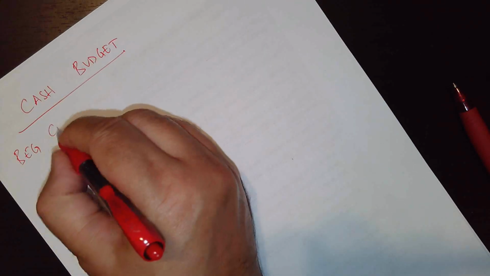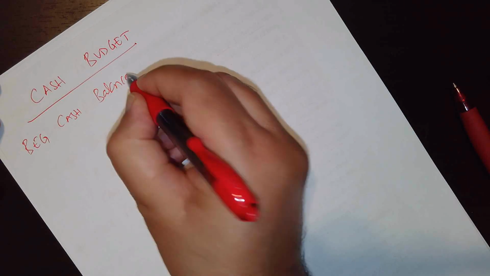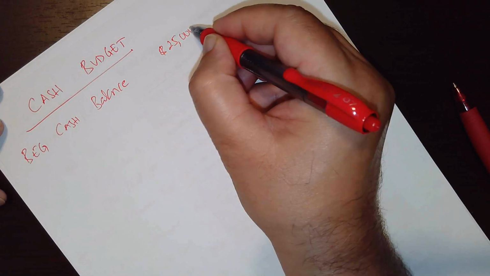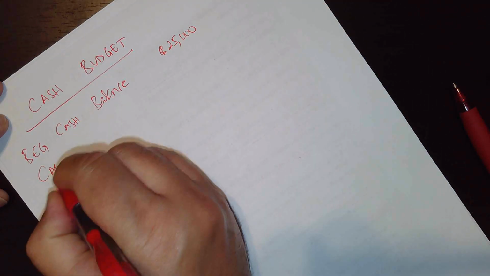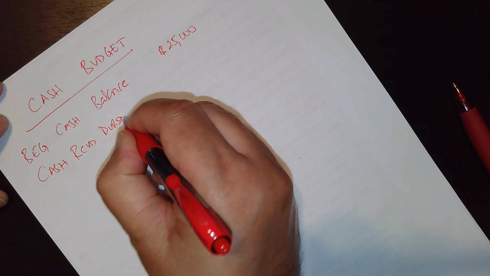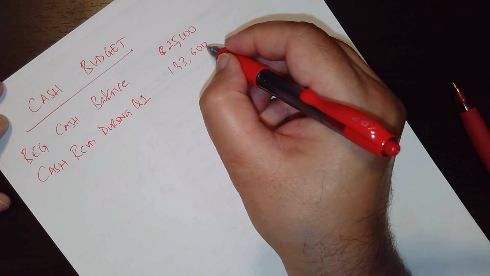So the beginning cash balance is $25,000, and the cash received during quarter one is going to be $183,600.